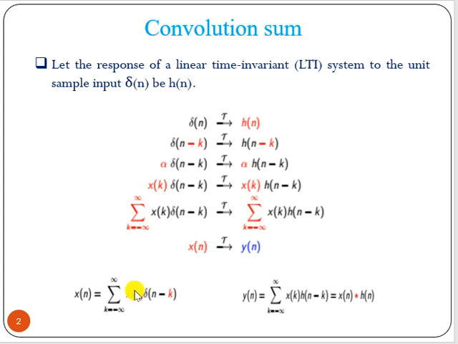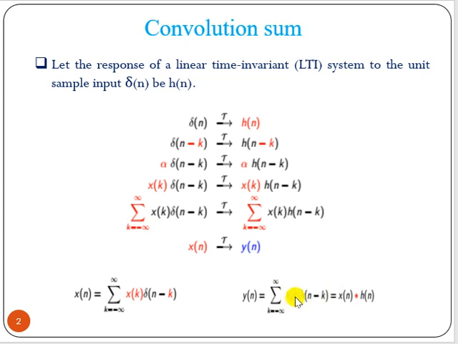Now, recall that x of n is nothing but the summation over k from minus infinity to plus infinity of x of k into delta of n minus k. If we apply x of n to the LTI system, the output is y of n. So y of n is the sum over k from minus infinity to plus infinity of x of k h of n minus k, or x of n convolved with h of n.